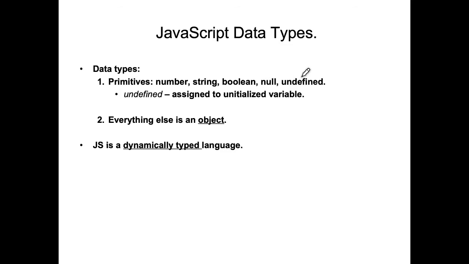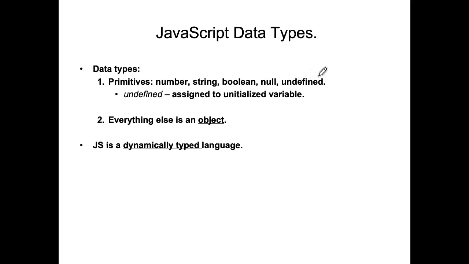It arises on two occasions. If you declare a variable and you don't initialize it, then by default, it's given the undefined value. So undefined technically is a value that is assigned to a variable if you don't explicitly initialize it.